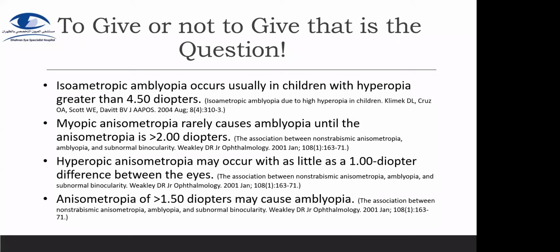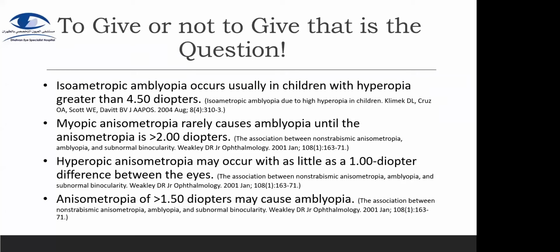There are different studies recommending different prescriptions according to the different diopters that you find in cycloplegic refraction. For example, here are different statements: isoametropic amblyopia occurs usually in children with hyperopia greater than 4.5 diopters. Myopic anisometropia rarely causes amblyopia until anisometropia is more than 2 diopters.